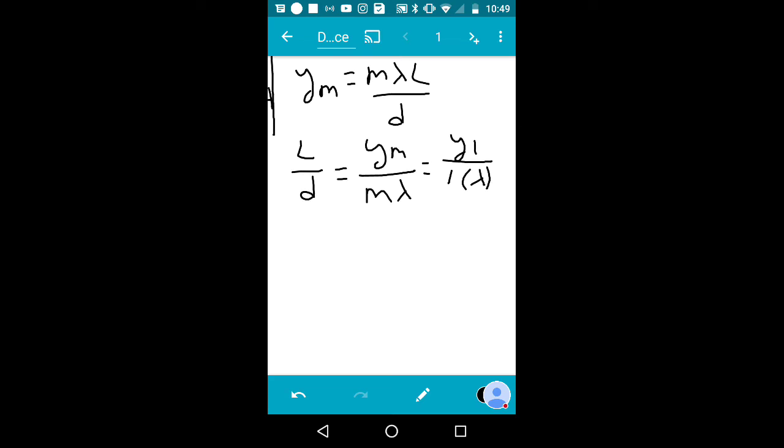From here, it's a matter of plugging in our numbers. So we have L over d is equal to, our lambda is 600 nanometers. That goes in the denominator. Our y1 we said was 1.8 millimeters, so that's 1.8 times 10 to the minus 3 meters.